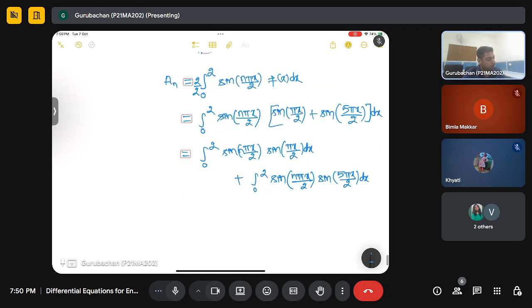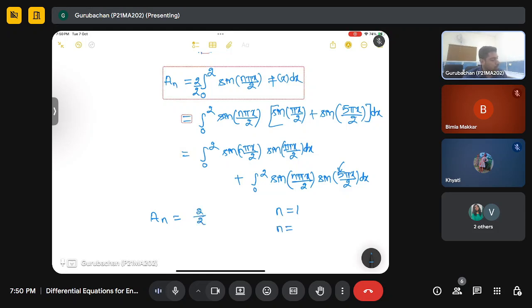From here, if you recall the orthogonal property of the sine function, this integral makes sense only when m equals n. Here the value of m is 1 and here the value of m is 5. So when n equals 1, this integral contributes L by 2, that is 2 by 2.